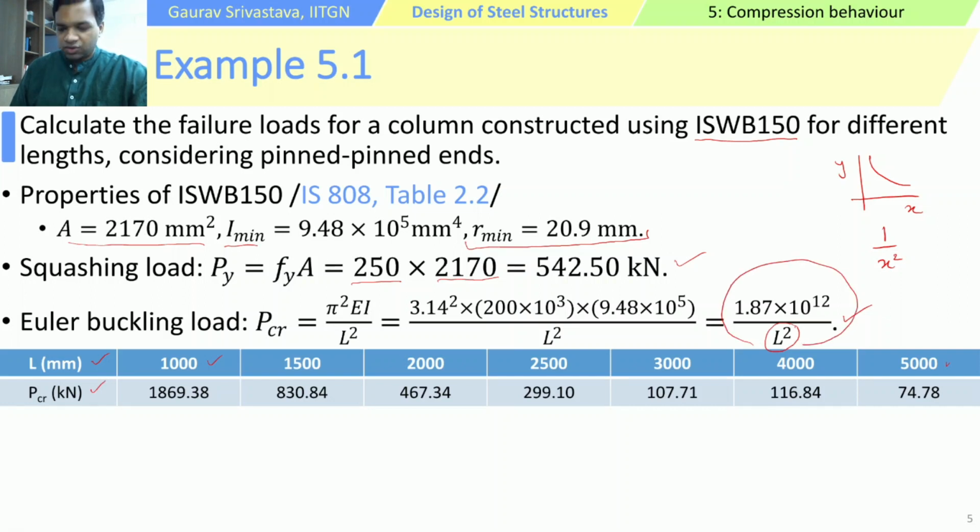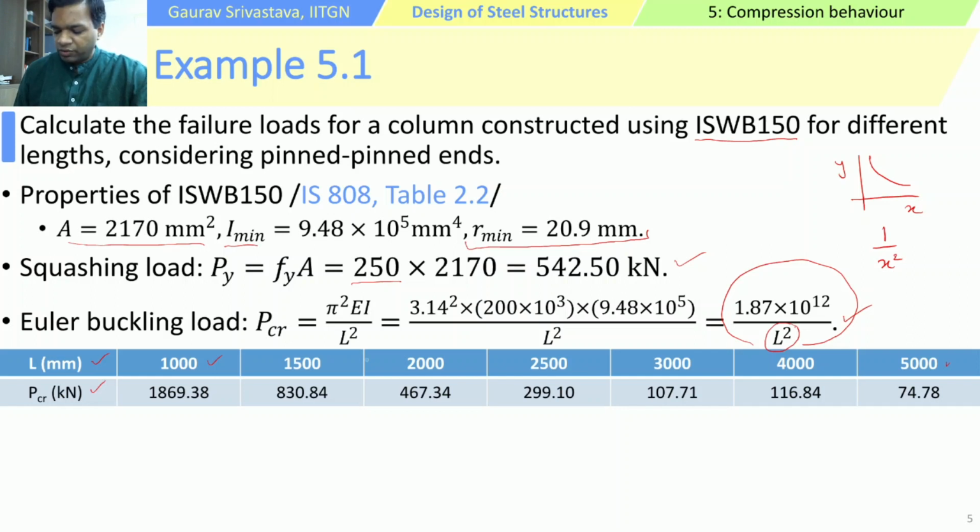Okay. So what we see is that the critical buckling load is very high for the lower lengths, right? So, in fact, somewhere up to 1500 mm, the critical buckling load is more than the squashing load. So the squashing load is 542 and the critical buckling load up to 1500 is 830.